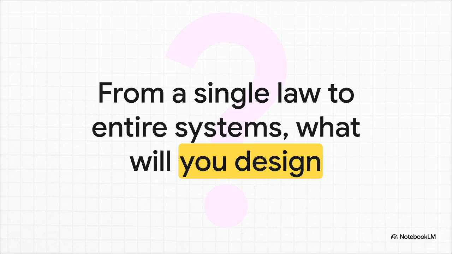So we've taken a journey from a single, simple law of electricity, all the way to simulating these vast, complex systems on a computer. Every single piece of modern tech is built on these foundational ideas. So with all that in mind, the only question left is, what will you design next?